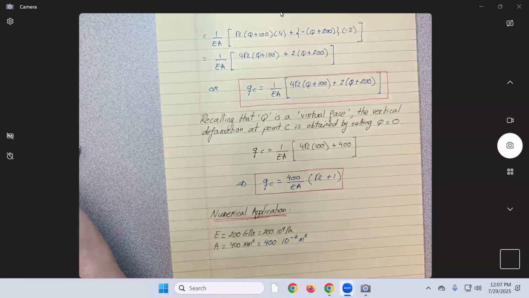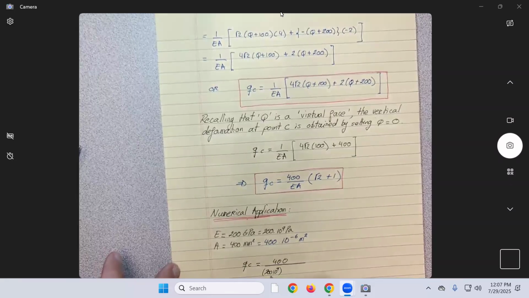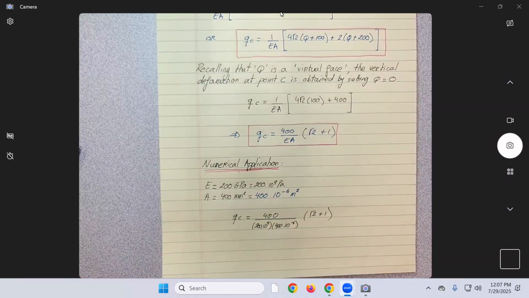All right, so at the end, we will get over here Q sub C will be equal to 400 divided by what? 200 times 10 to the 9 times 400 times 10 to the minus 6 times square root of 2 plus 1.